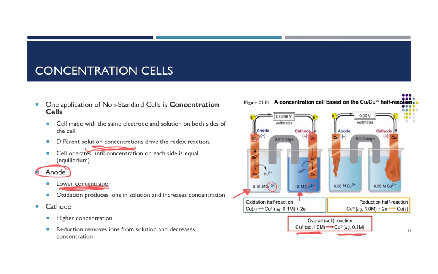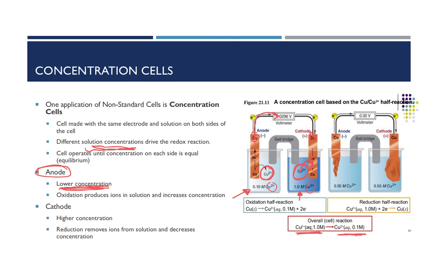So you get electrons going from the metal electrode on the anode side through the wire, and as a result, it is oxidized into making more ions for the solution. On the other side, we have a reduction where the ions become part of the metal, and that reduces the amount of copper ions in that solution.